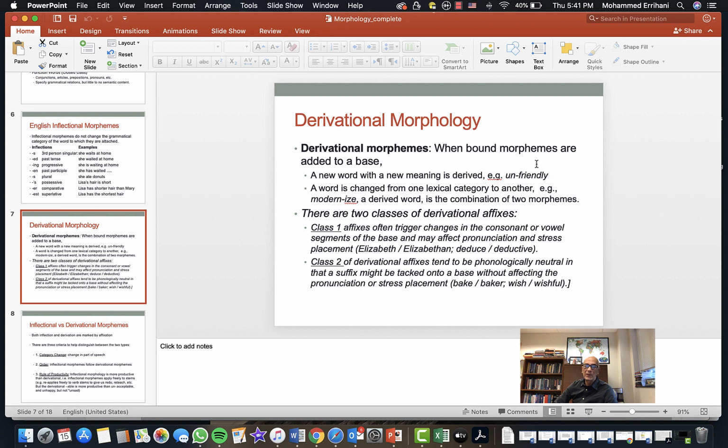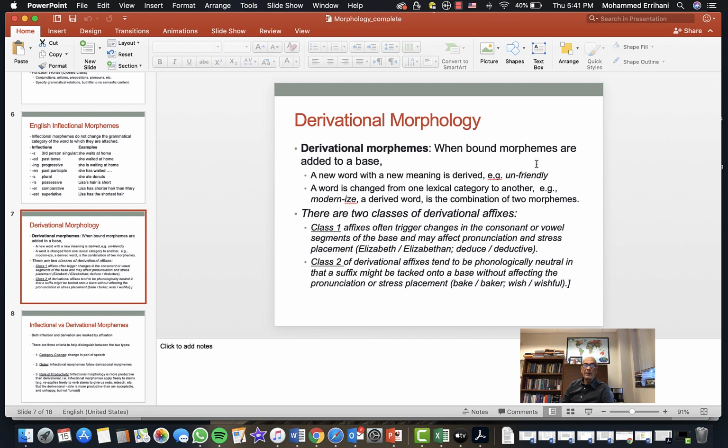So this is the first class of derivational affixes that trigger a change in consonant or vowel segments. Deduce, deductive, and so there's a complete change in the pronunciation when you add a derivational morpheme or affix to it. So this is one class of words that experience this change in pronunciation.